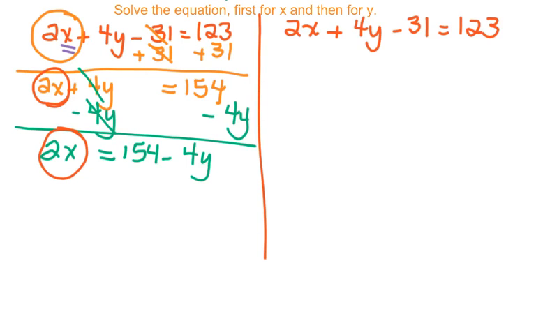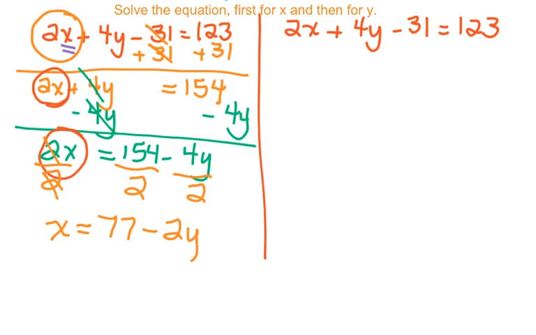Therefore I'm going to divide everything on the left by 2 and on the right by 2. 2x divided by 2 leaves me with 1x, 154 divided by 2 is 77, and 4y divided by 2 is equal to 2y. I now have x is equal to 77 minus 2y.